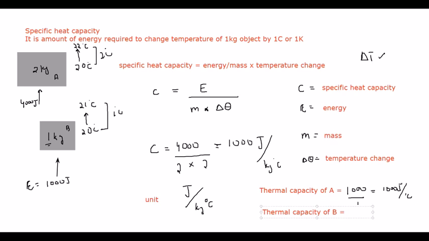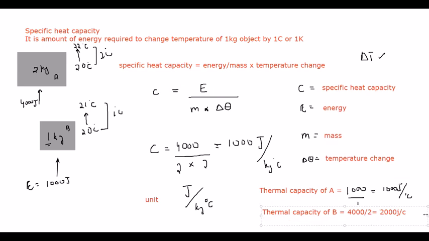So thermal capacity of B is 4000 divided by the temperature change, which is 2. So you will get 2000 joules per degree centigrade.